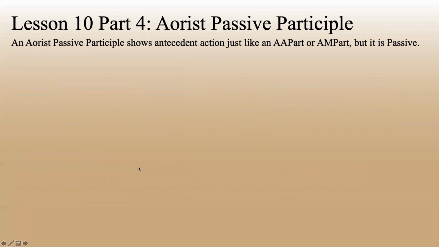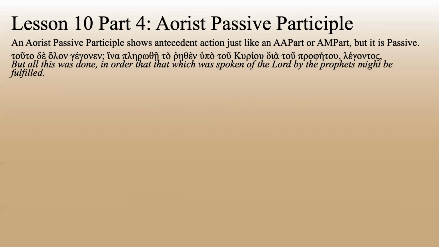An aorist passive participle shows antecedent action or previous action, just like an aorist active participle or an aorist middle participle, but it's passive. So, touto de holon gegonen, hina plerothe to rethen hupo kuriou dia tou prophetou legontos.